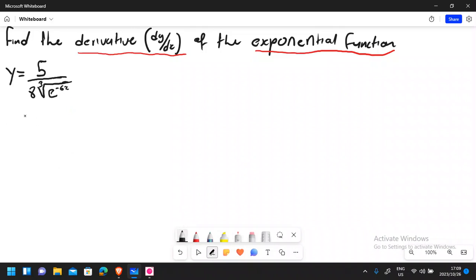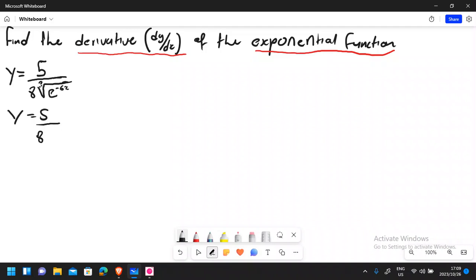So first of all, guys, we need to simplify this function first. So let's go ahead and simplify. We can say y is equal to 5 over 8, and then underneath here we have to change the surd into exponent form.